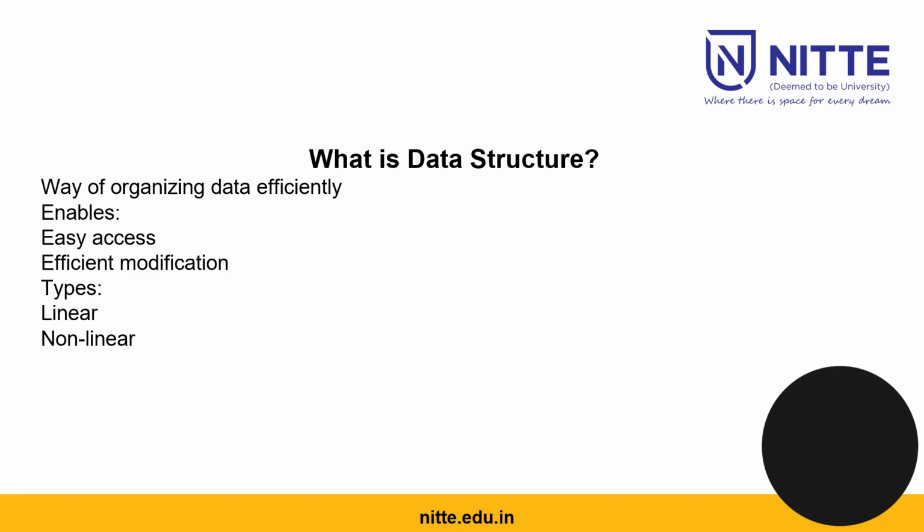Then what is a doubly linked data structure? A doubly linked data structure contains again the same node with three parts. The only difference here is I can travel both ways, from left to right as well as from right to left.